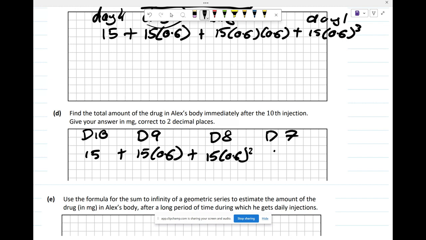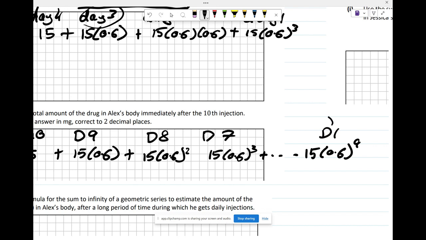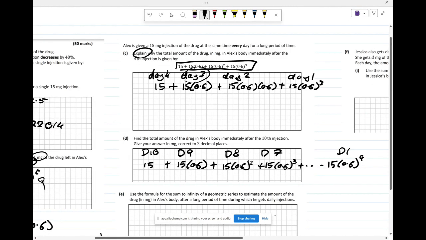Day 7, 15 times 0.6 cubed, and so on, all the way up to 15 times 0.6 to the power of 9. So this is day 1, so it's had 1, 2, 3, 4, 5, 6, 7, 8, 9 days to decay.